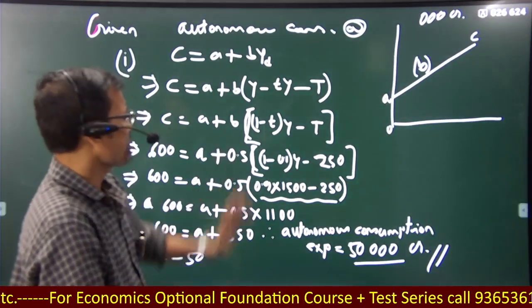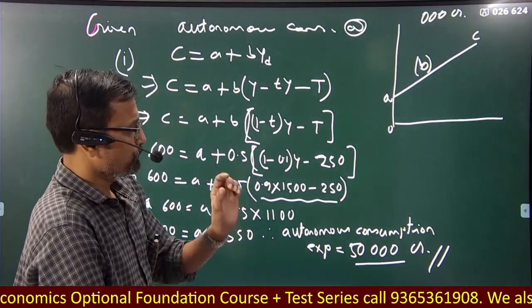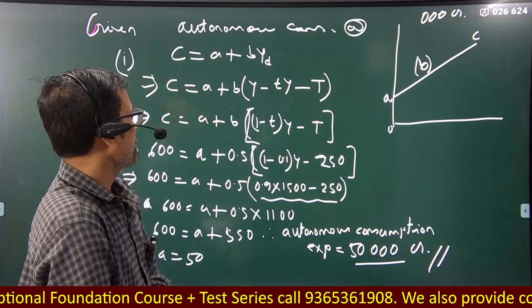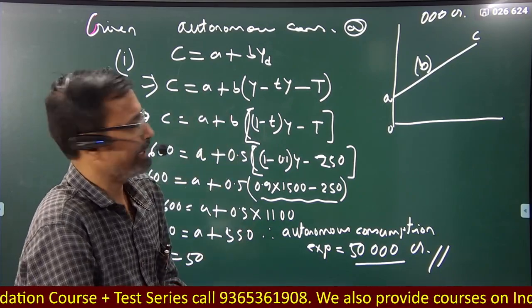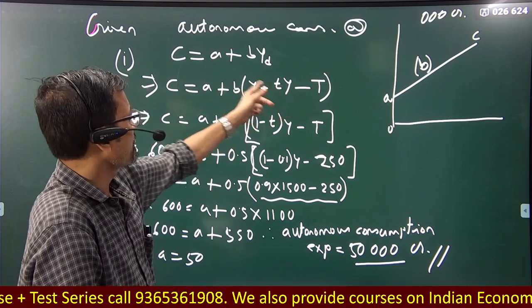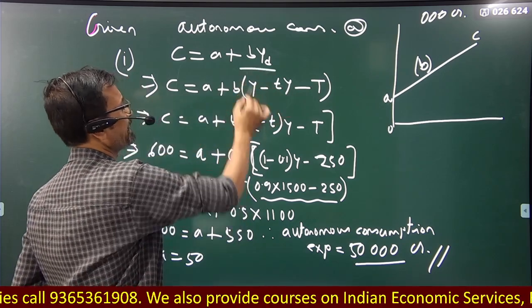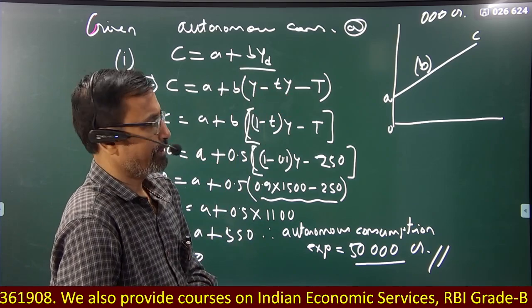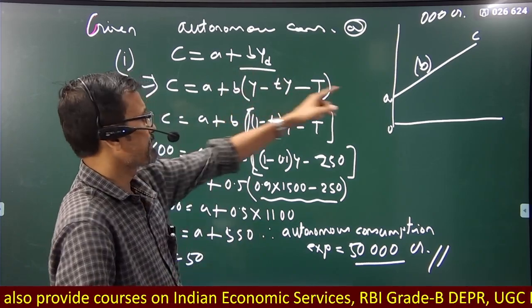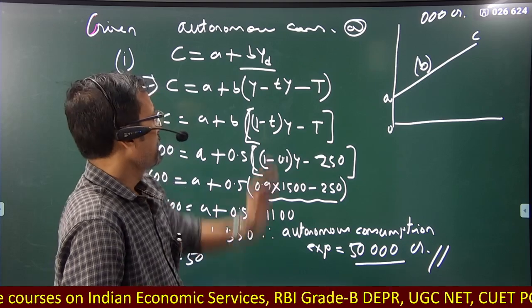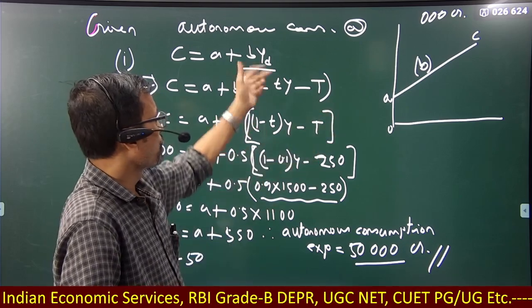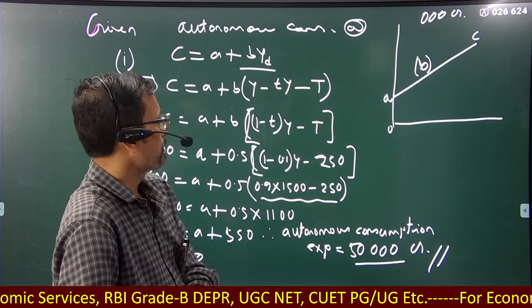This is autonomous consumption. Simply, the total consumption expenditure is the sum of the autonomous consumption expenditure and induced consumption expenditure. This portion indicates induced consumption expenditure, which is related with income level. The more the income, the more the consumption expenditure.